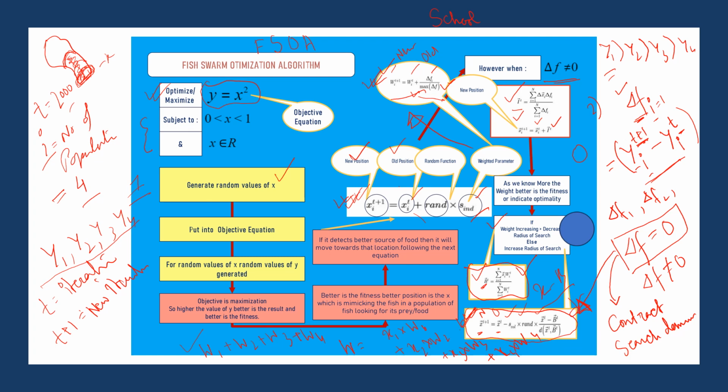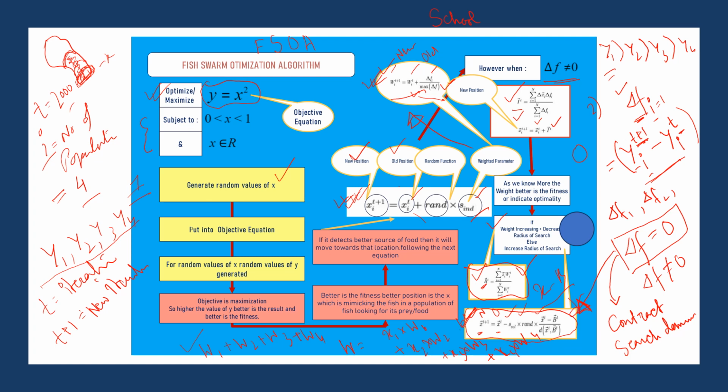If they detect that the weight of the fish is increasing, then they understand that this fish has got the food or prey and has consumed it, so that's why its weight has increased. So at that moment, the other members of the school, as you know, a large gathering or pack of fish is referred to as a school, also follow that fish. So that is why this I is that identification operator.